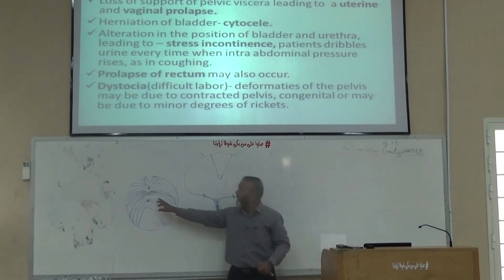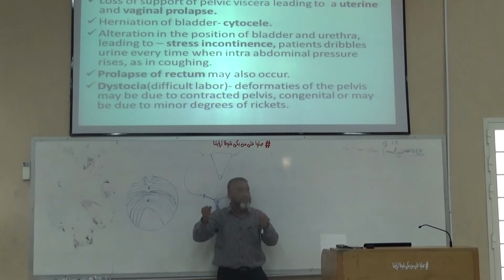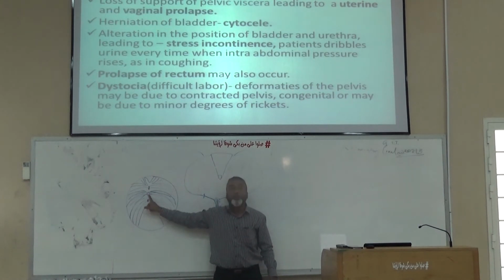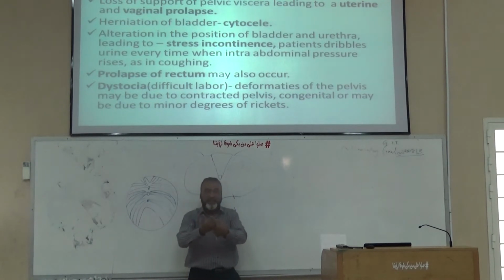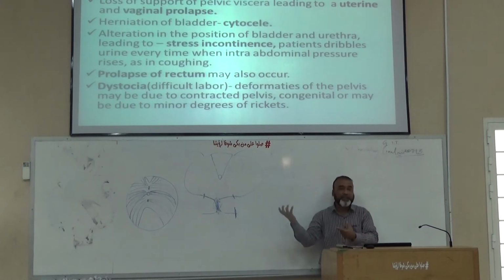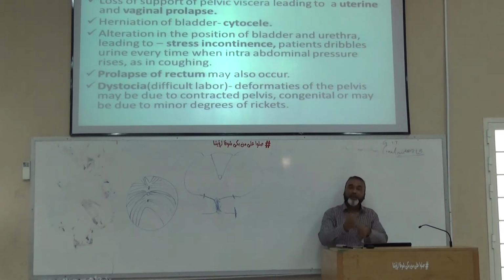What happens when this pelvic diaphragm is weak due to difficult labor? This puborectalis muscle, which is constricting the anorectal junction, remains weak, and there is a chance of incontinence. When there is heavy coughing after delivery, the mother may have incontinence.